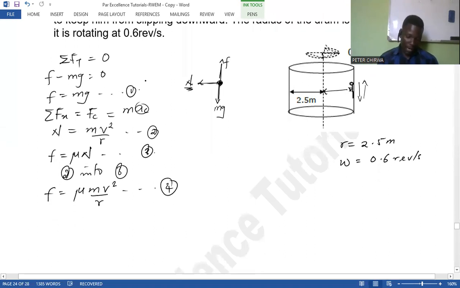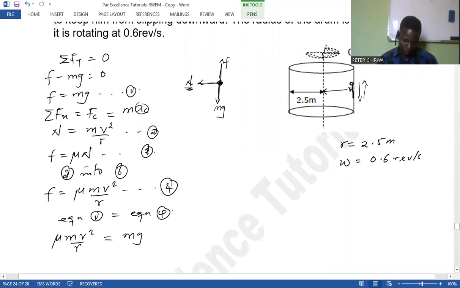I have also my equation 1. So you can see that equation 1 is equal to equation 4. So what we're going to have is the right side of equation 4 being equal to the right side of equation 1.